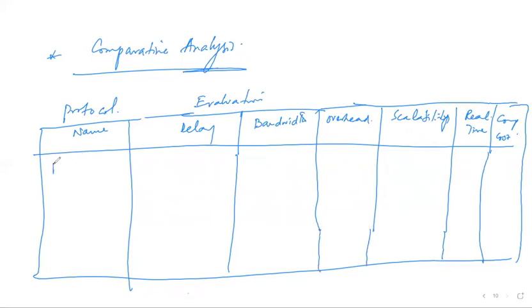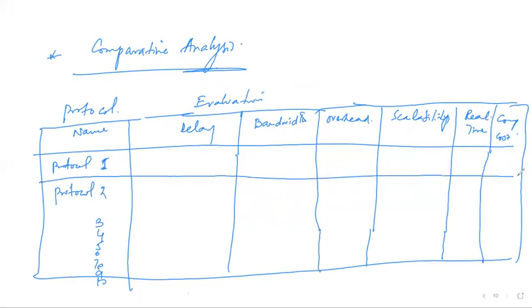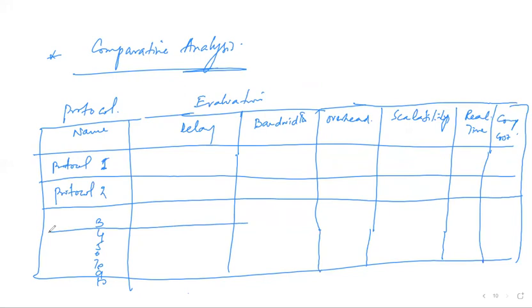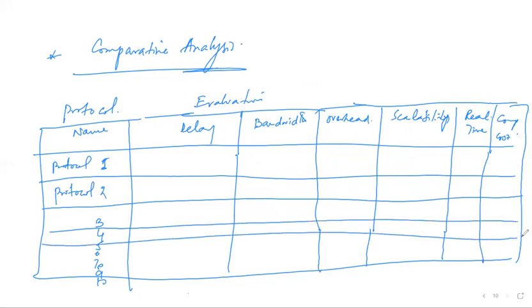And then onward protocol 1, protocol 2, 3, 4, 5, 6, 7, 8, 9, 10. So you should have discussion of at least 10 different protocols, and then onward analyze over here.